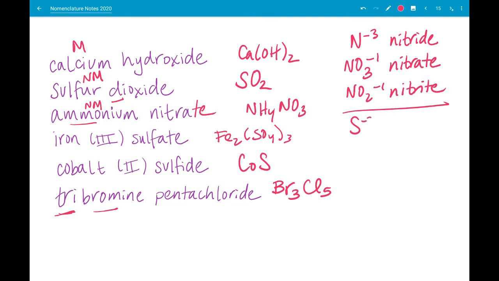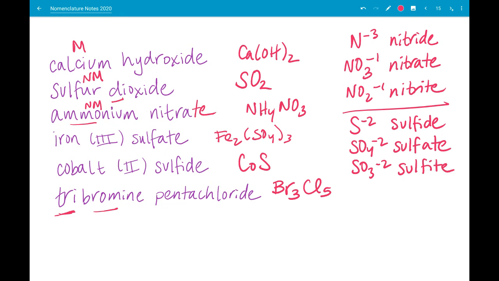So we could also look at sulfur -2 is sulfide when naming. SO4 -2 is sulfate, and SO3 to the -2 is sulfite. So you'll notice it's very small differences between these. And I can do this for several combinations, so just be careful.